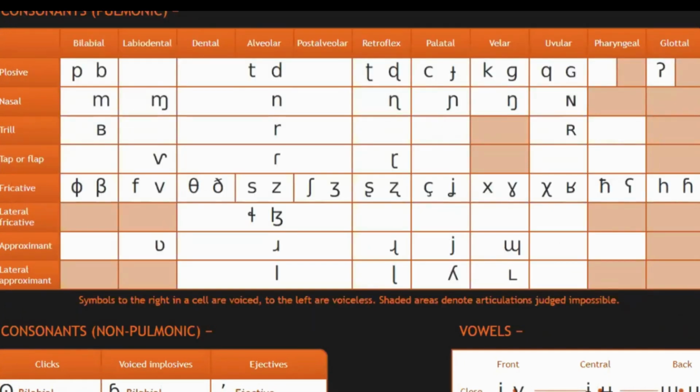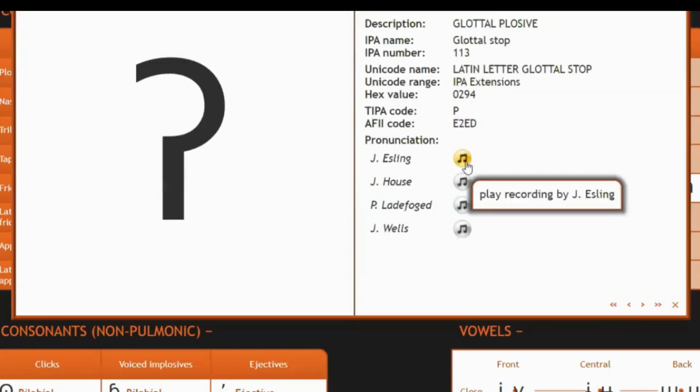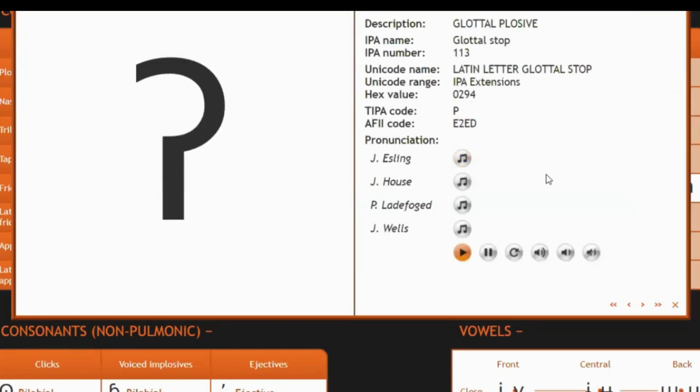Lastly, we have our glottal sounds. The first one is the glottal stop or plosive.